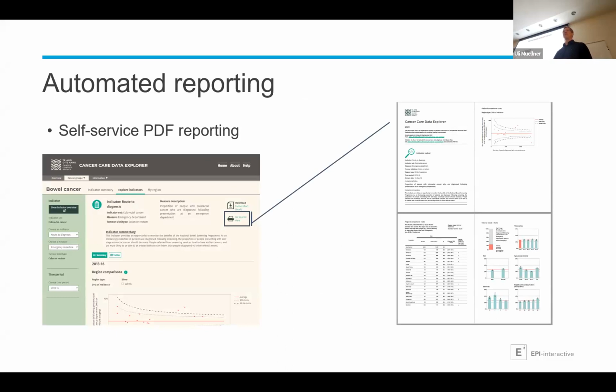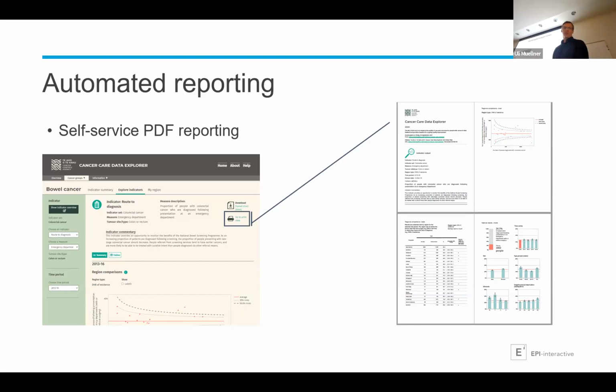They have to produce it on a monthly basis, and they move away from it. So they go to the dashboard, click a button, and they can extract the information that's there and share it with a wider audience. So they go away from manual reporting.